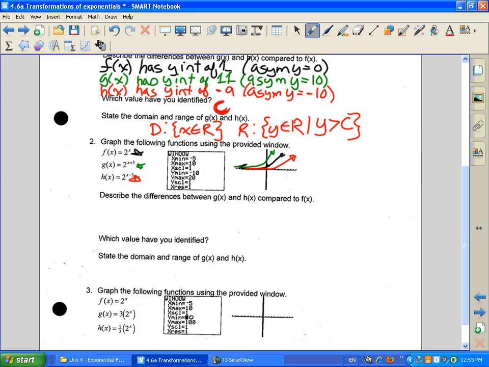So basically when it says to describe the differences between g at x and h at x compared to f at x, the y-intercept changed. So it's either shifted left or shifted right, so therefore we had what's called a horizontal translation.